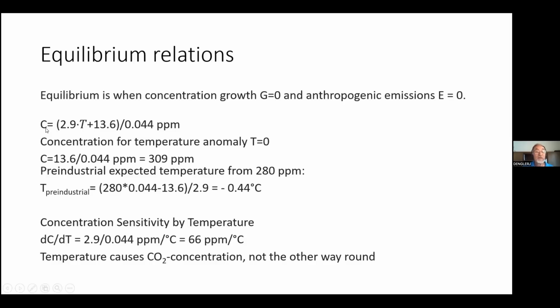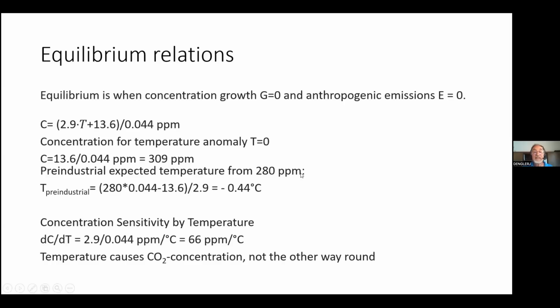When we look at the equilibrium, then with the estimation parameters, for temperature anomaly T equals 0, we would get 309 ppm.